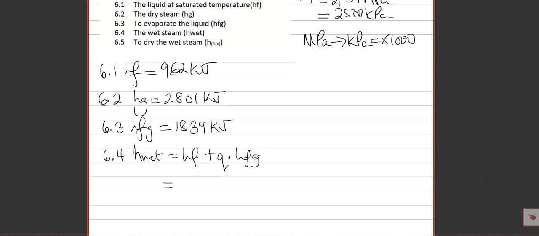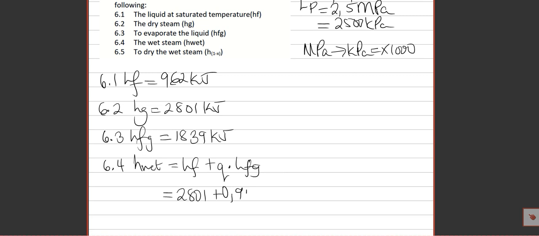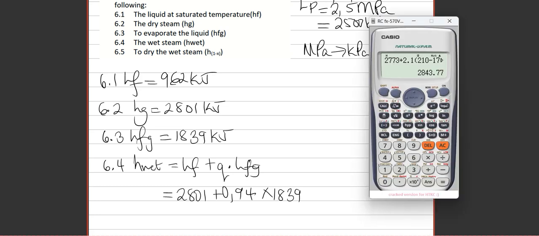So for our HF we have 2801 plus Q, they gave it to us as 0.94, times our HFG, 1839. Then you do the calculation and we have 4529.66.